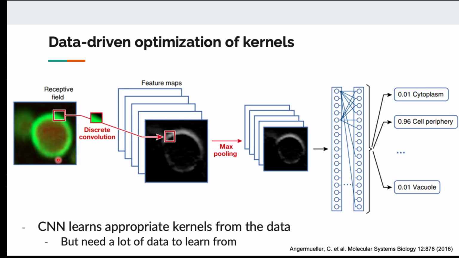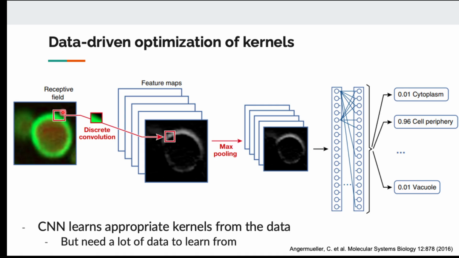So we're going to talk about this more, but the idea is, let's say the computer doesn't do this and you have to do it. How would you proceed? You have a lot of images of cells. With your eye, you know that this is the boundary of the cell. This is the membrane of the cell.